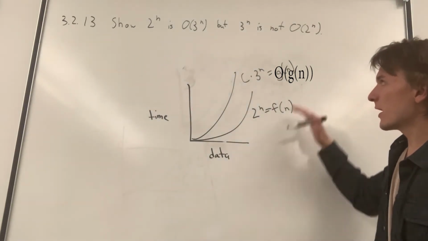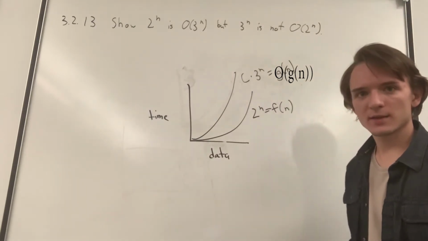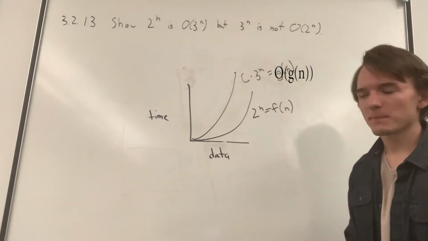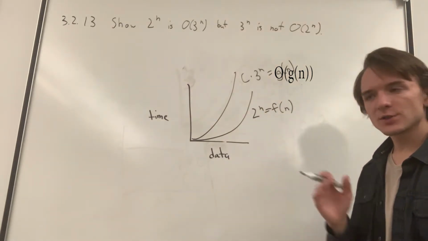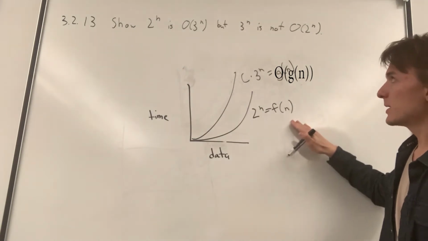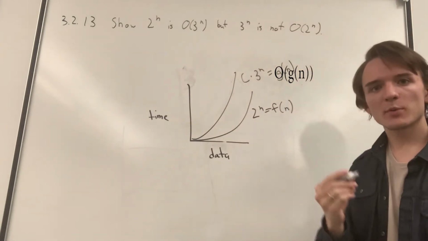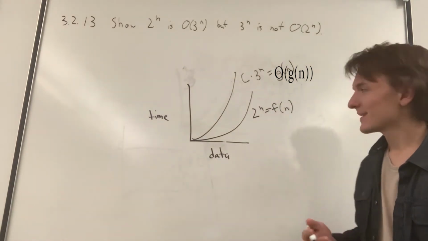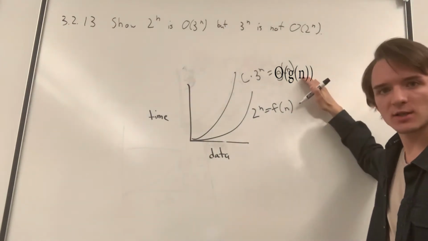So there's no value you can plug in for c for which this function will grow slower, will not exceed 2 to the power of n, right? So therefore, we can see visually that f of n is big O g of n, because g of n acts as an upper bound of f of n, which also means that f of n at no point exceeds the growth rate of g of n.